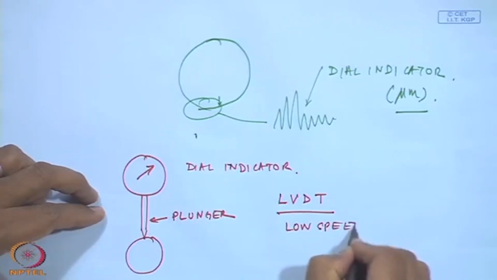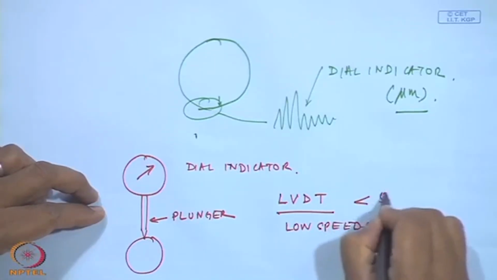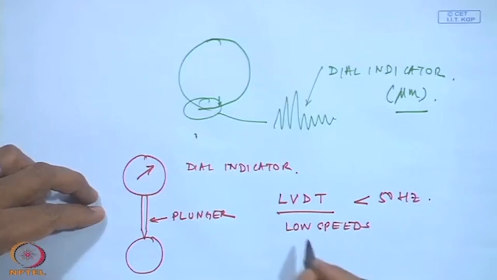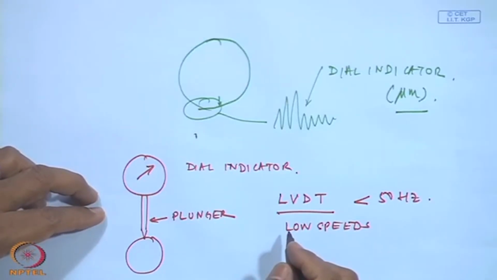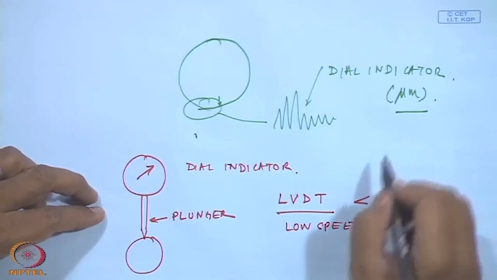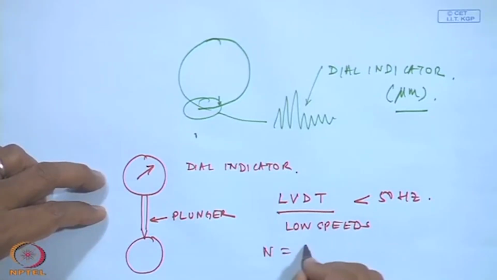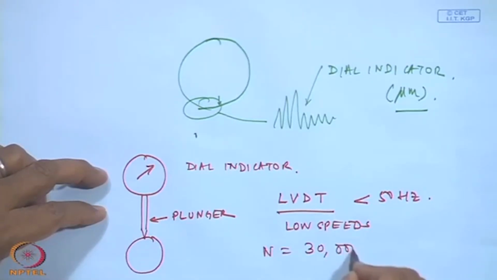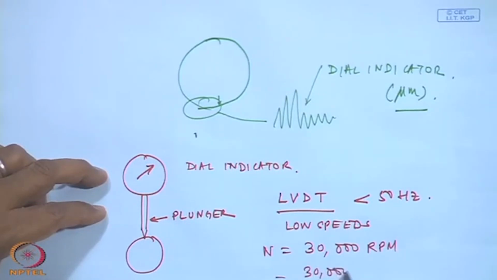In fact, LVDTs are good for less than 50 hertz. Okay. But imagine I want to monitor the vibrations of a gas turbine. A gas turbine could be running at close to 30,000 RPM. So, 30,000 RPM becomes 30,000 divided by 60, which is about 500 hertz.